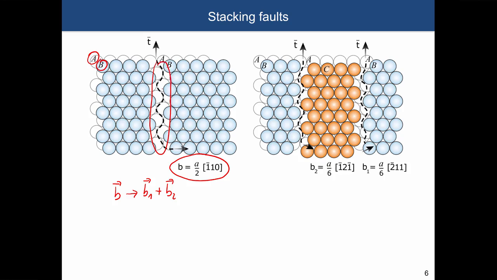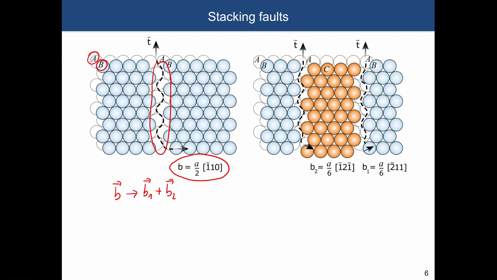You can imagine that there is one missing plane because there is one extra plane coming from beneath. And there is this region of the material where there is expansion and the atoms are further apart from the ideal position. If you separate this dislocation into two partial dislocations, they will form dislocations with smaller Burger's vectors, and therefore the distance between these two atoms will be smaller.